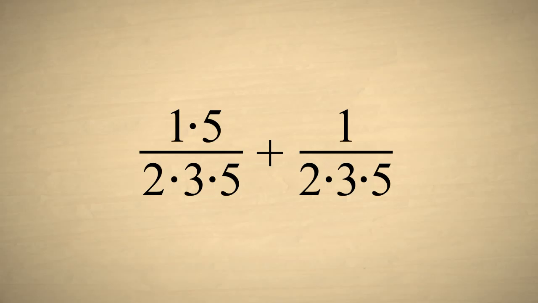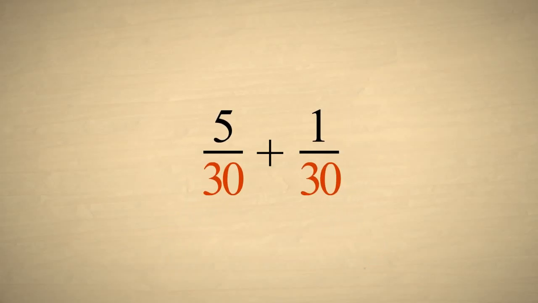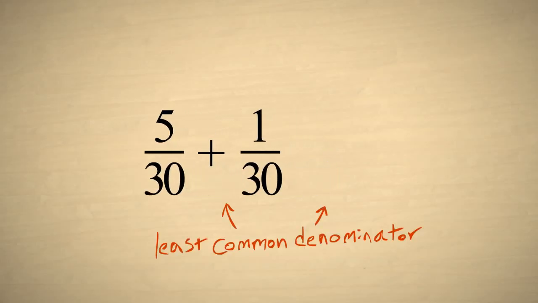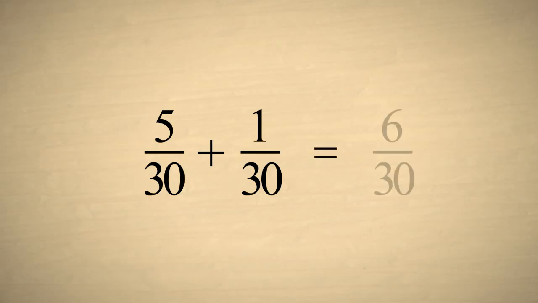The two fractions will then have a common denominator of 30. This is the smallest denominator that will work for both fractions, so it is the least common denominator. Now, adding the two numerators, we get the sum of 6/30.